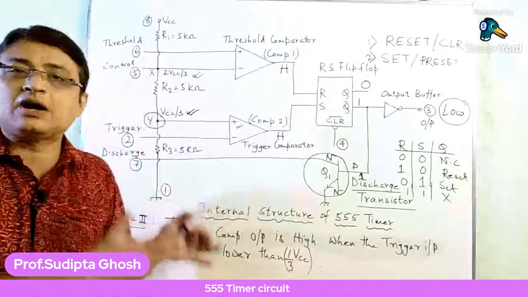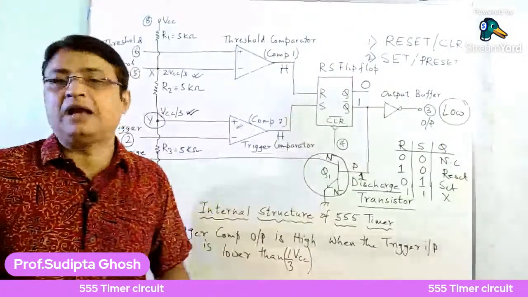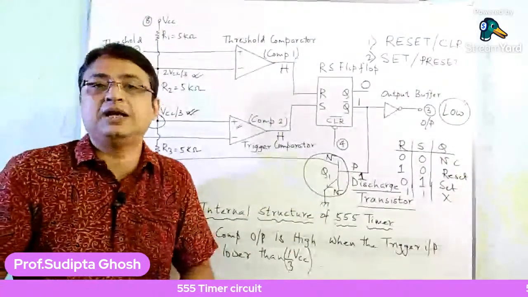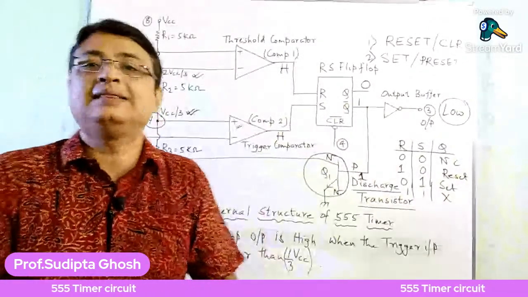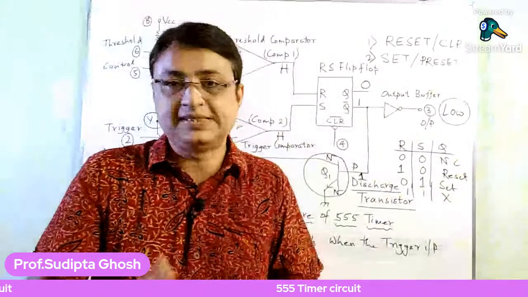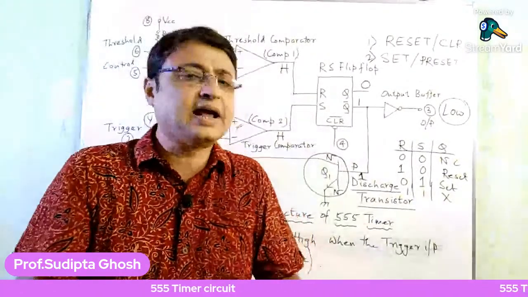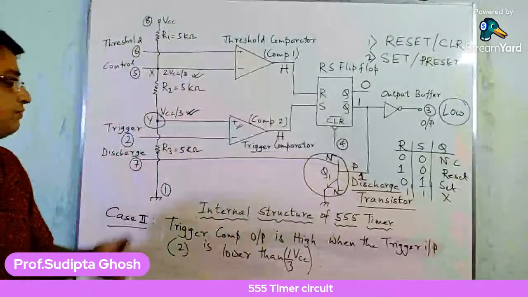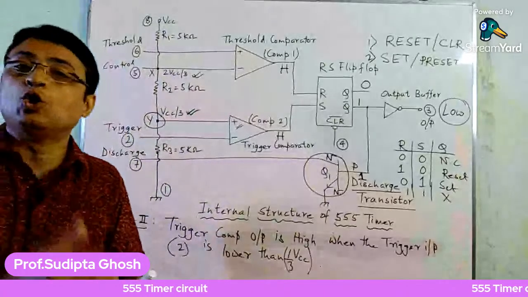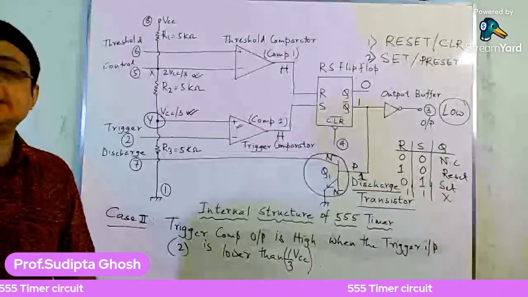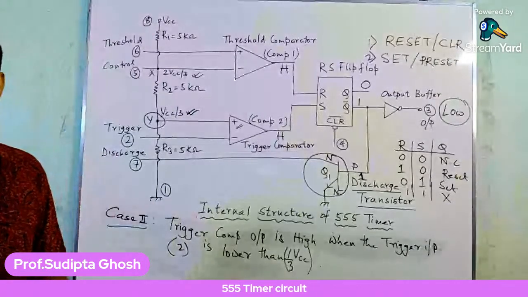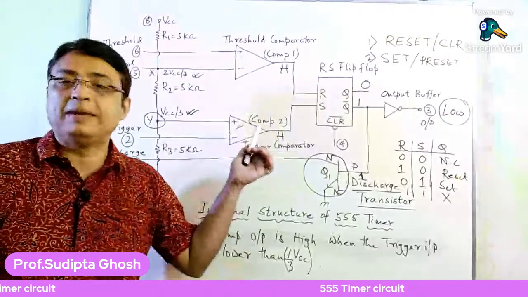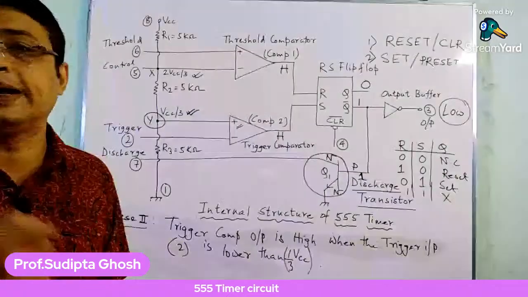So for the trigger comparator output to go high, we have to give a value at the trigger input lower than 1/3 VCC, which means around 1.7 volts. If the input at the trigger terminal goes below 1.7 volts, the output of the trigger comparator goes high. Is it okay?